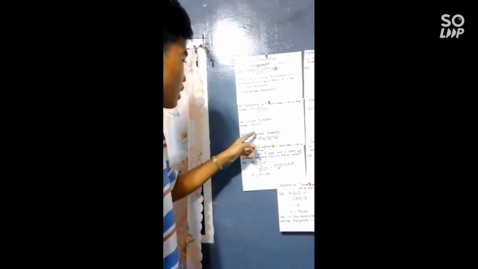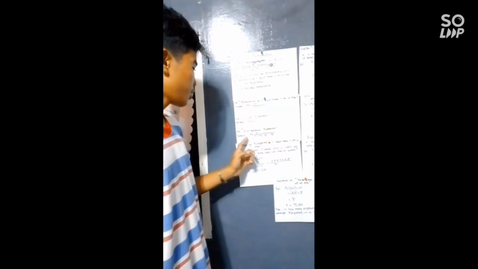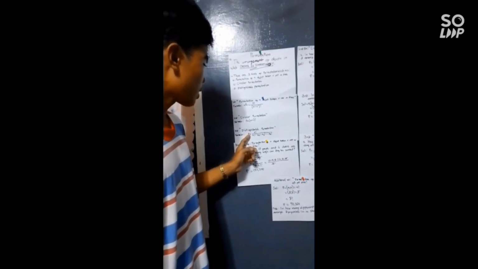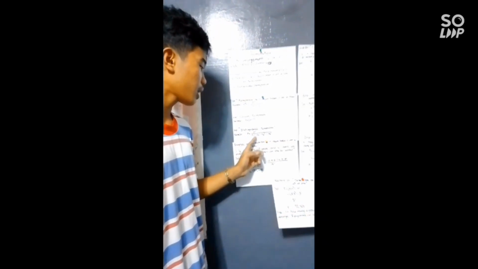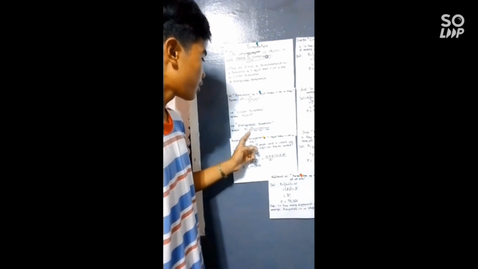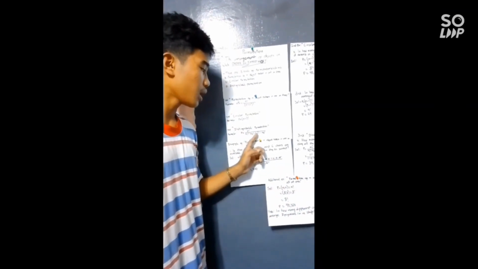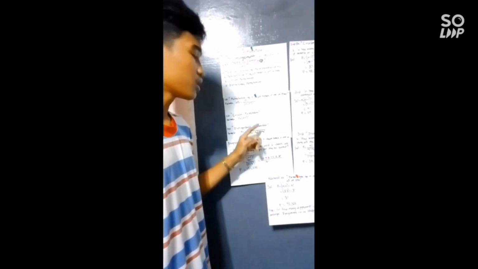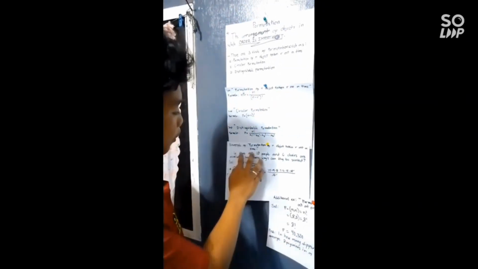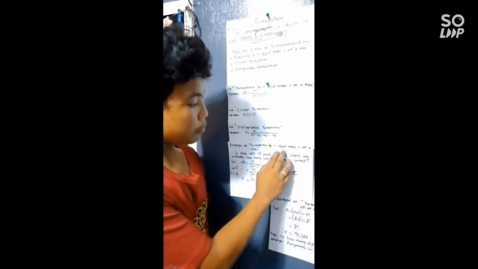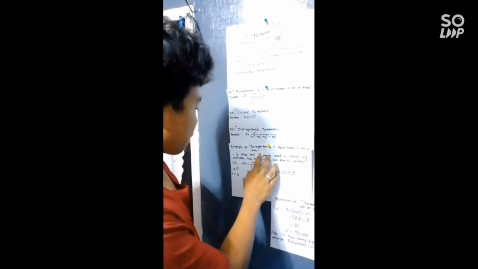Third, distinguishable permutation. Formula: P is equal to n factorial over n1 factorial times n2 factorial times n3 factorial and so on.